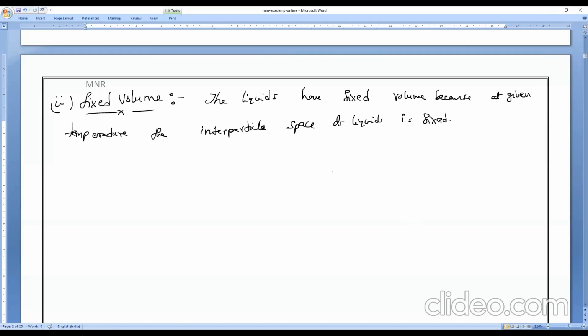But here, interparticle space is fixed. When will it be fixed, guys? At a given temperature. Understanding? So therefore, they cannot be compressed much. Almost incompressible in nature.